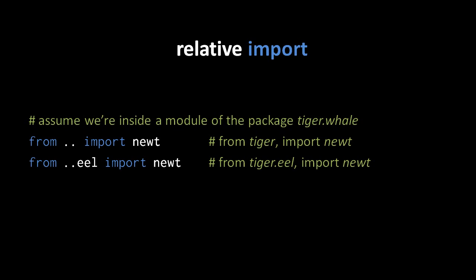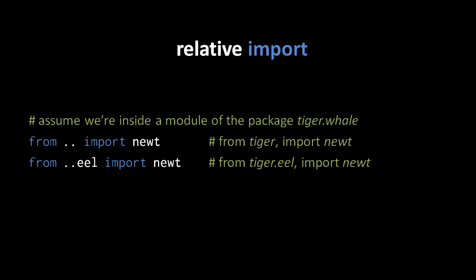So again, from tiger.whale we went up one level to tiger, and then we went down to eel inside tiger. So this multiple dots is imitating the syntax you see with file paths, where ../ is used to go up one directory, except here we're not using any slashes. So if you want to go up 2 levels rather than just 1, you write 3 dots. If you want to go up 3 levels, you write 4 dots, and so forth.